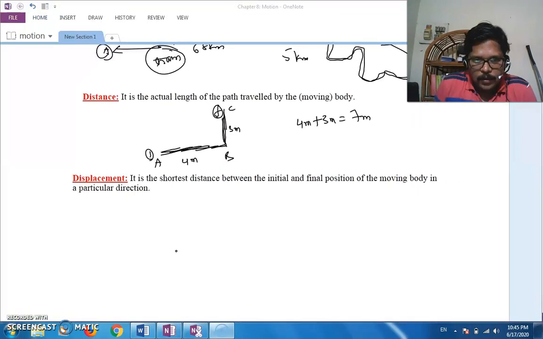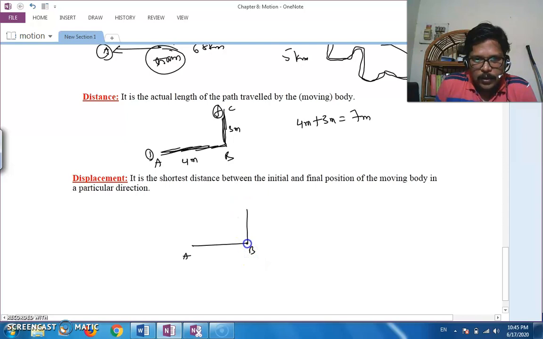Taking the same example, you travel from A to B in a straight direction, and then to C. This is 4 meters and that is 3 meters. This is your initial position and that is your final position. You started here and ended up at C, traveling from A to B and then B to C.